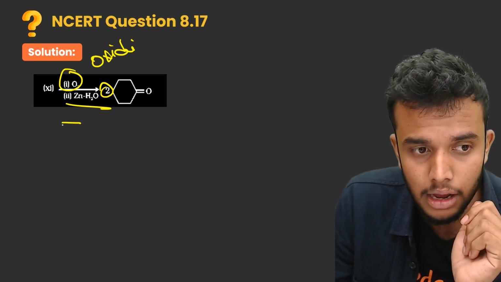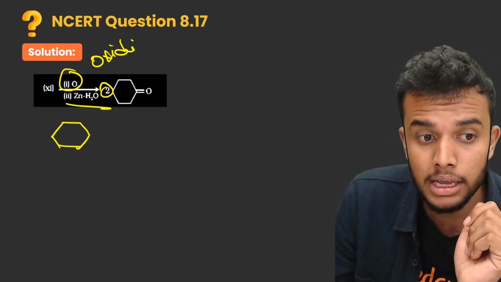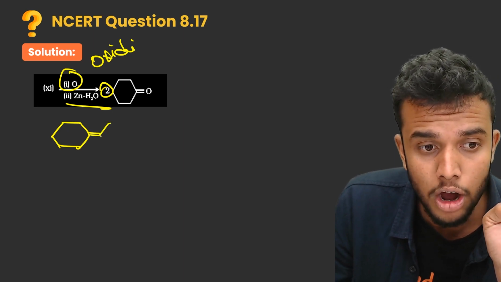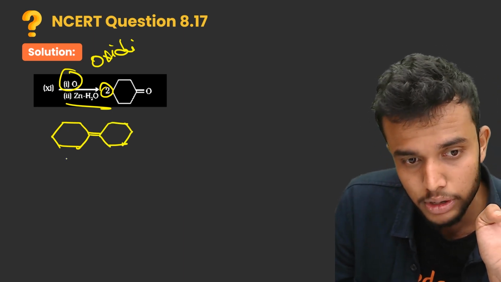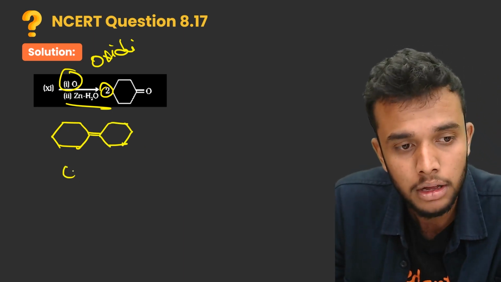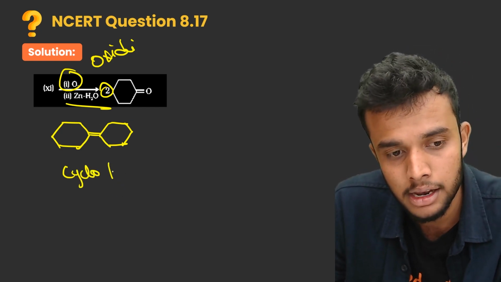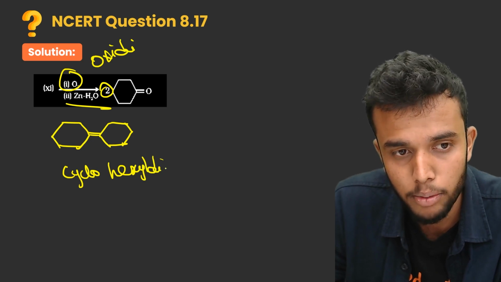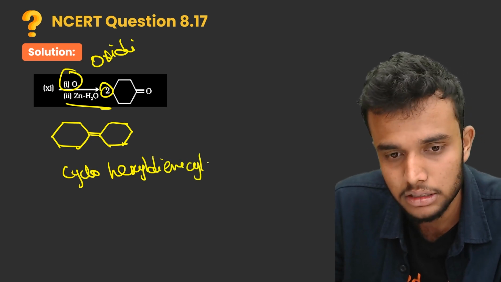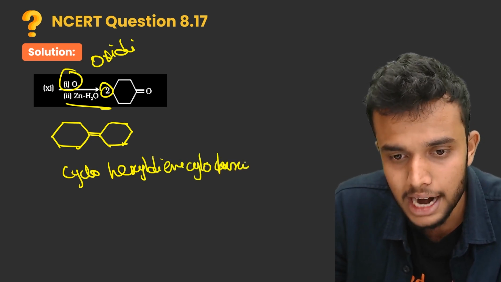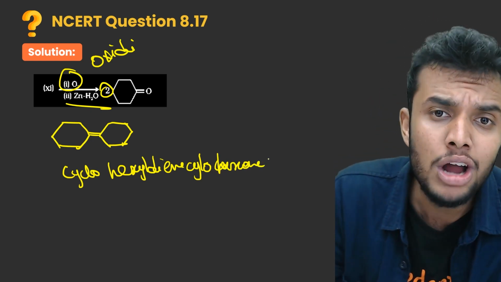The compound must give 2 compounds. What is the compound name? The starting material is this one, a cyclohexadiene compound. Understood? If you have any doubt, let me know in the comment section, students.